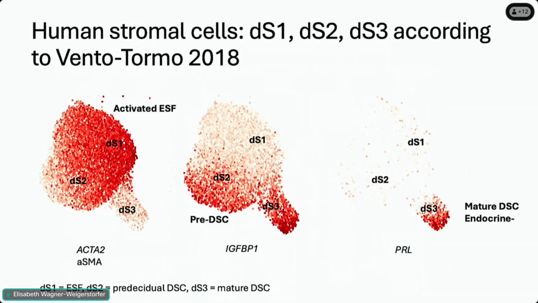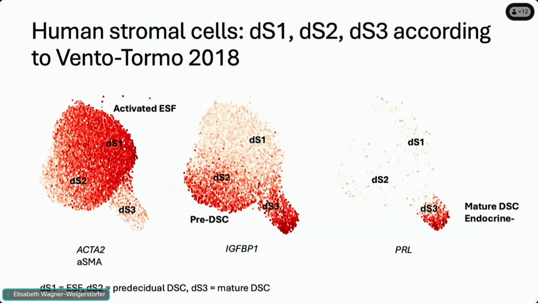There is the one, this is data from a pregnant woman, that are these activated fibroblasts because they express smooth muscle actin. Then the second population already expresses a typical decidual gene like interferon gamma, insulin-like growth factor binding protein 1.